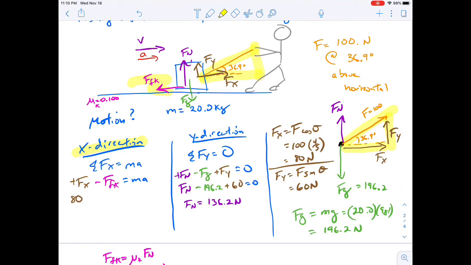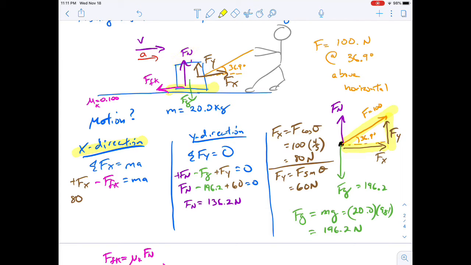And so when it pulled upward, it actually helped reduce kind of like the pressure, if you will, of the box against the floor. And so if you pull upward a little bit and reduce that normal force, you're going to reduce friction.